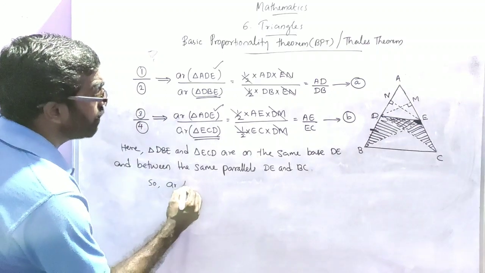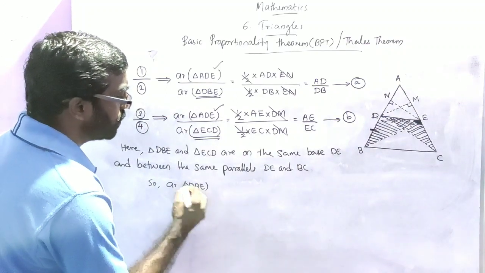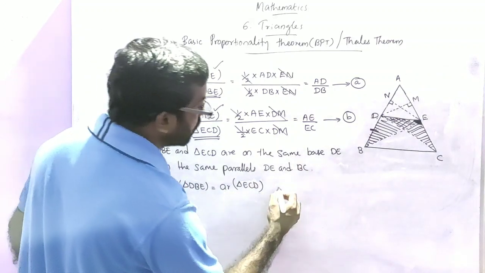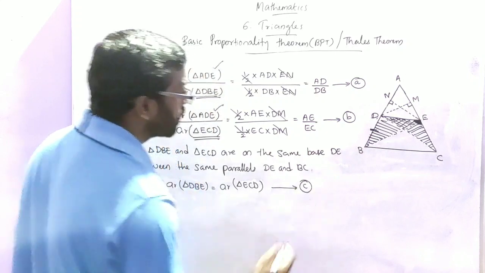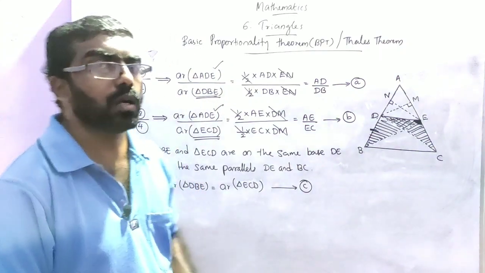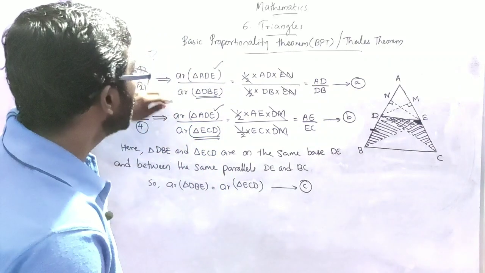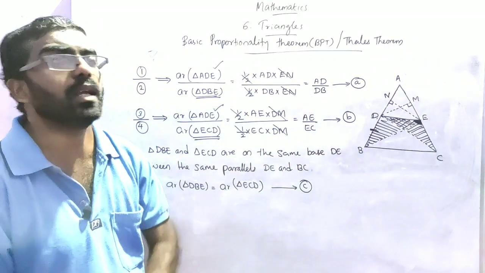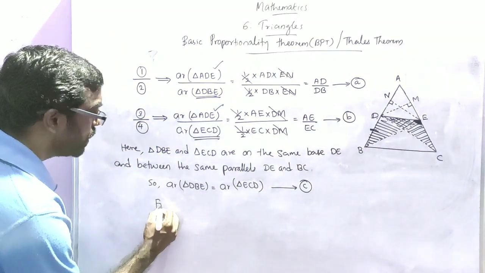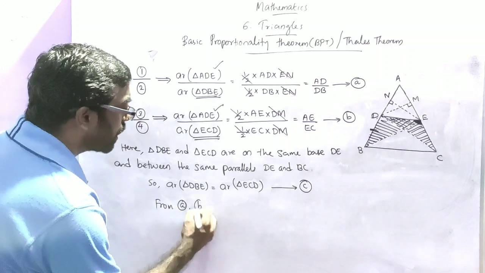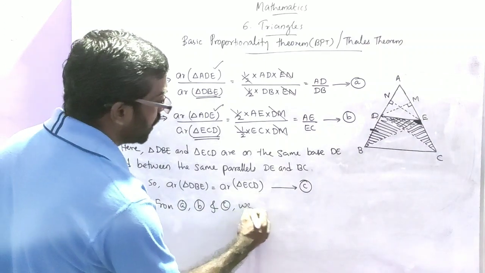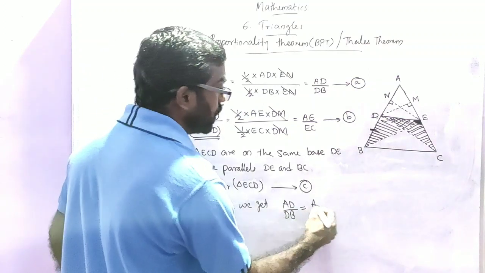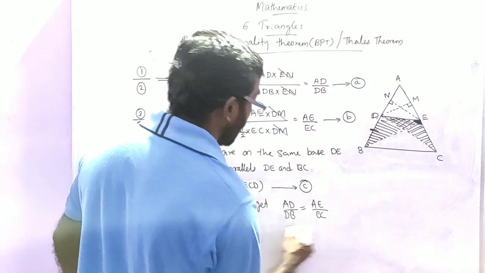So area of triangle DBE will be equal to area of triangle ECD. Take it as equation C. Here we got the areas are equal. That means the LHS of these two equations are equal. Therefore, the RHS must be equal. So from A, B and C we get AD by DB is equal to AE by EC and hence the theorem.